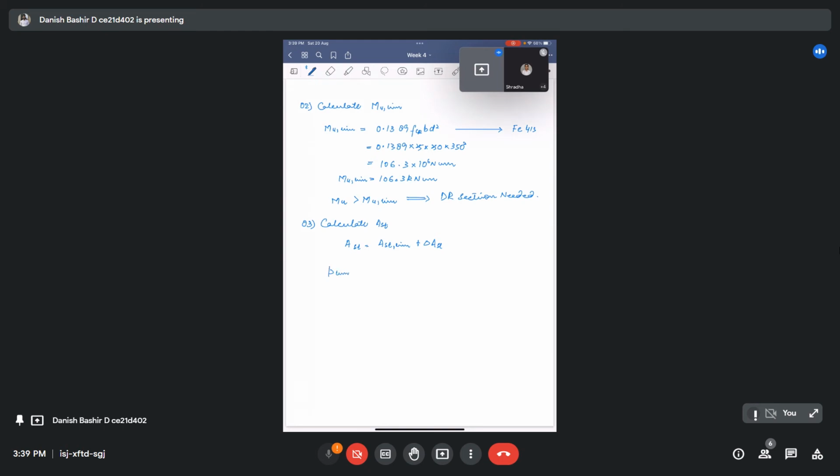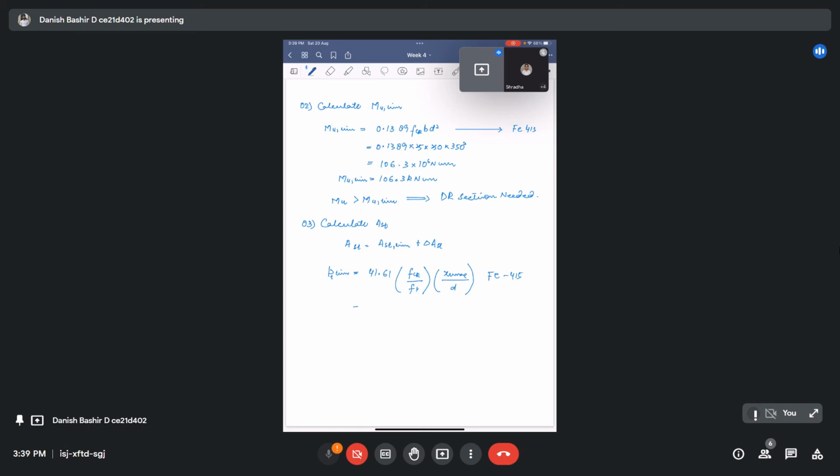PT limiting, we have a direct formula for this: 41.61 FCK by Fy, XU max by D. FCK is given, Fy is given, and XU max by D for Fe415 is also given.